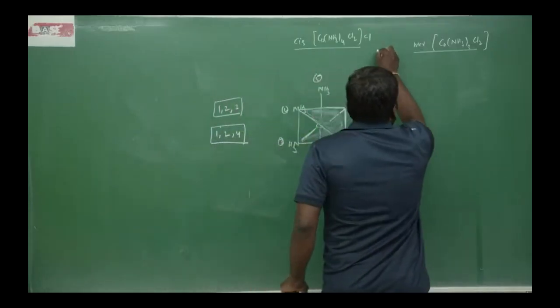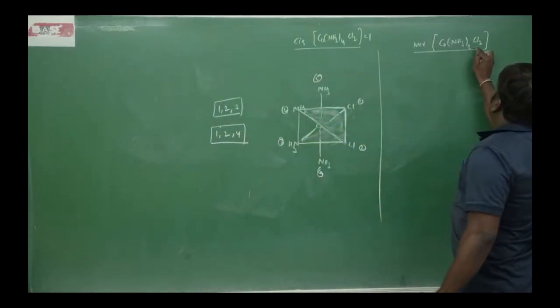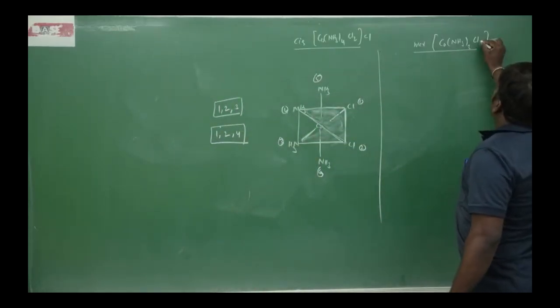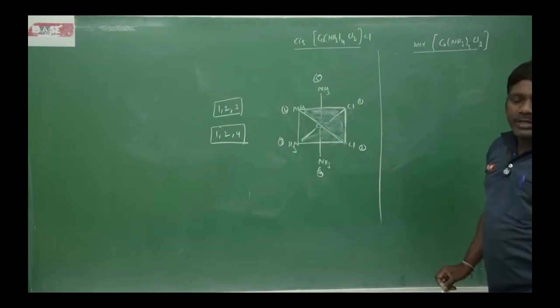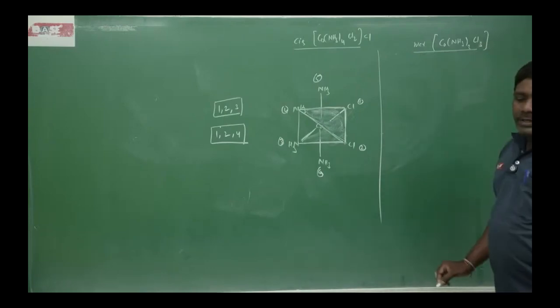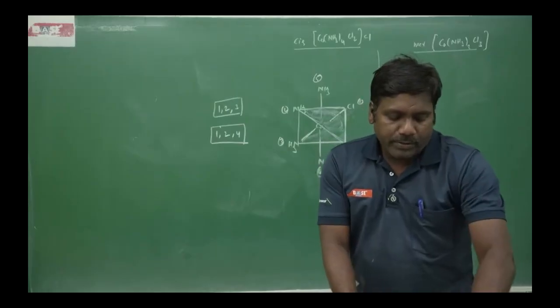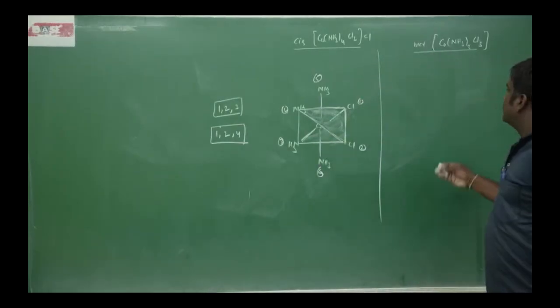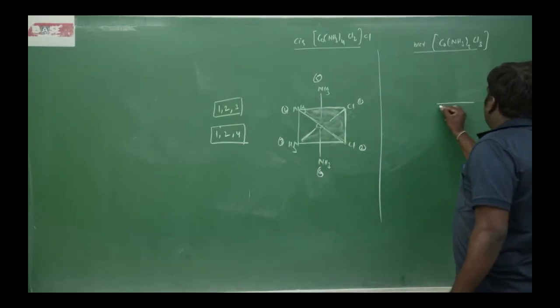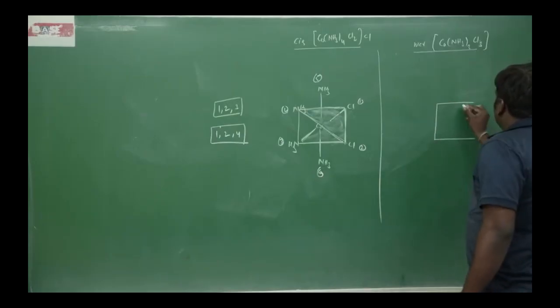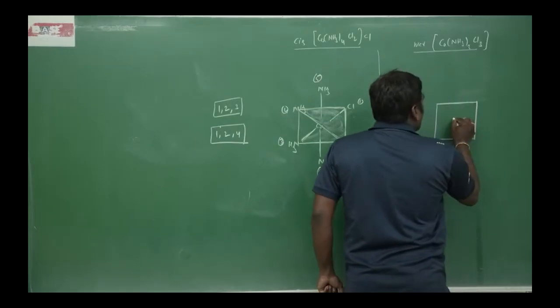Now what about the meridional Co(NH3)3Cl3? This is Cl3, not Cl2. So this meridional compound structure you have to write. First of all, write down the octahedron for this compound, cobalt.